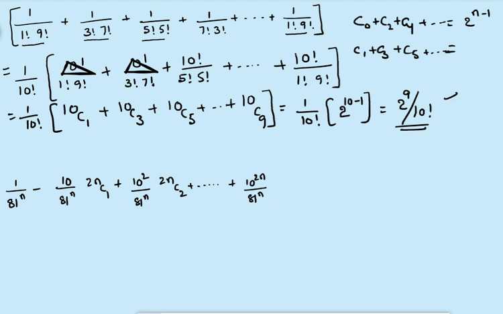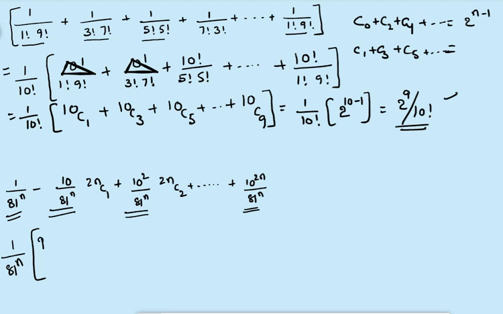Now this is another question. Here I am taking 1 minus 10 by 81 power n, multiplied with 2n c1, plus 10 square by 81 power n multiplied with 2n c2, plus and so on. Now here what I am doing is 1 by 81 power n taken common.